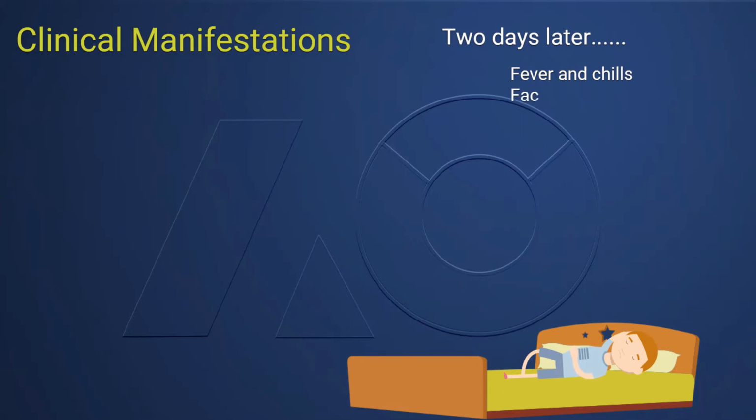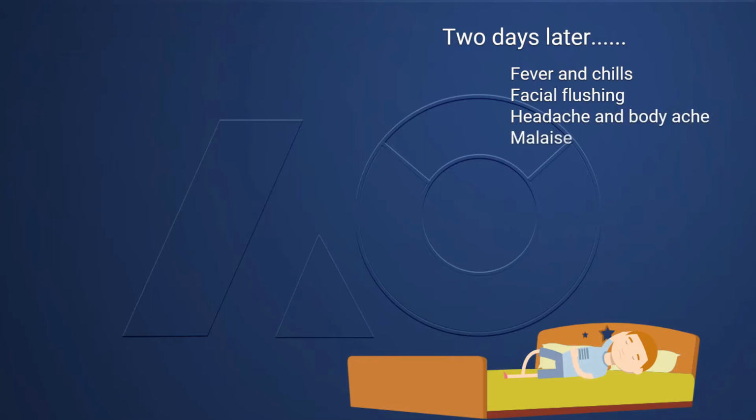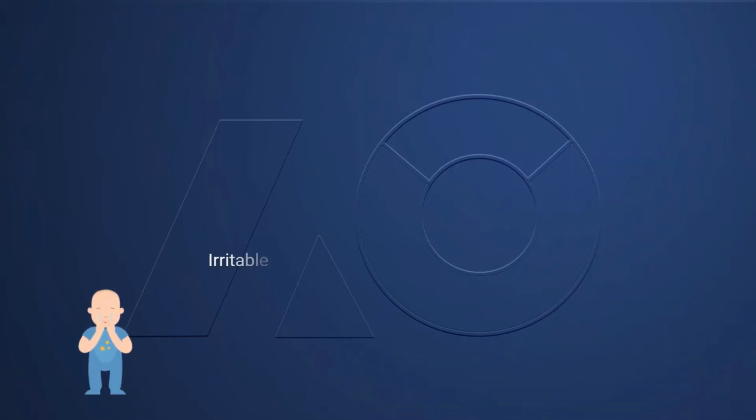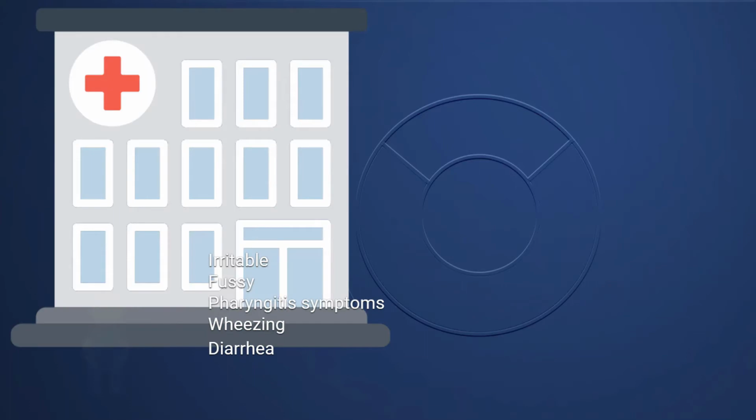Chills, facial flushing, headache, body ache, malaise, cough and coryza, dry and sore throat. Some patients might experience photophobia, tearing, or burning sensation of the eyes. Younger children might also be irritable, fussy, with pharyngitis, possible wheezing, and diarrhea.